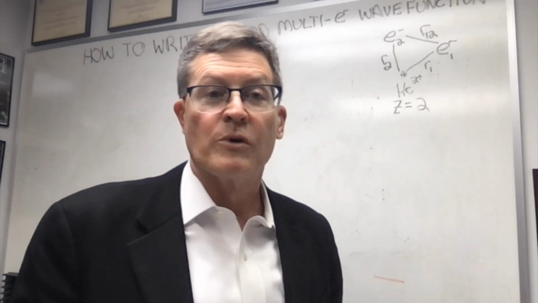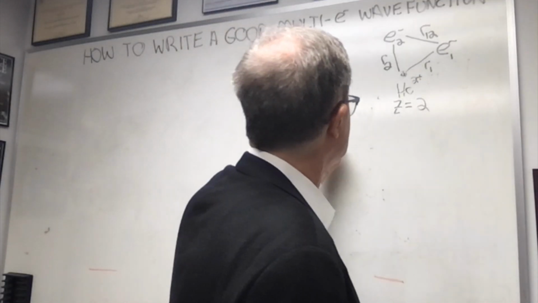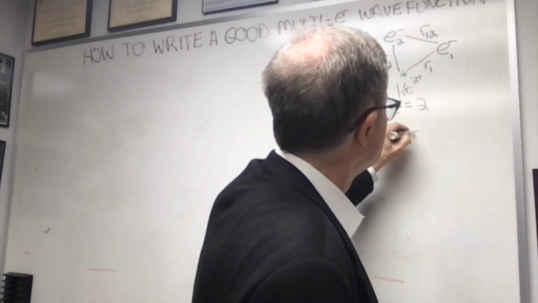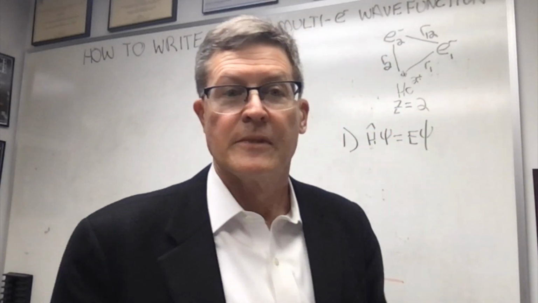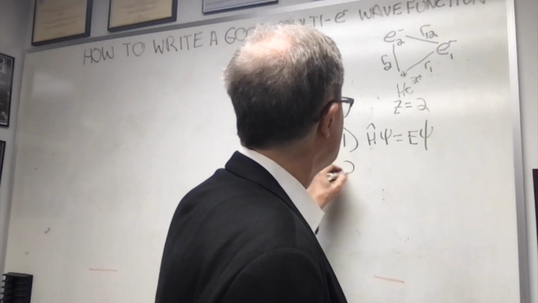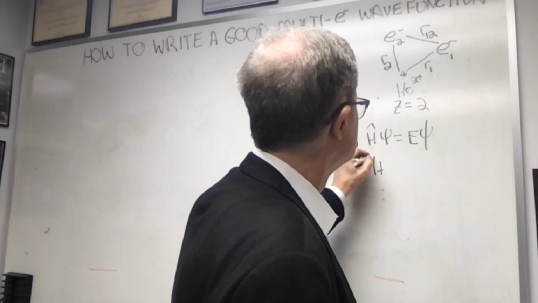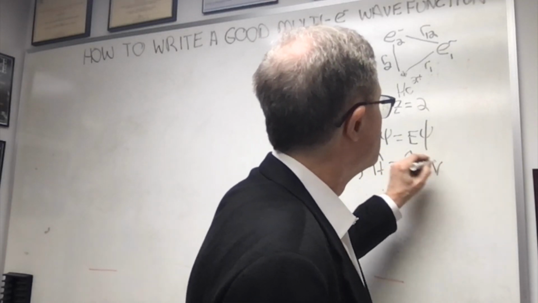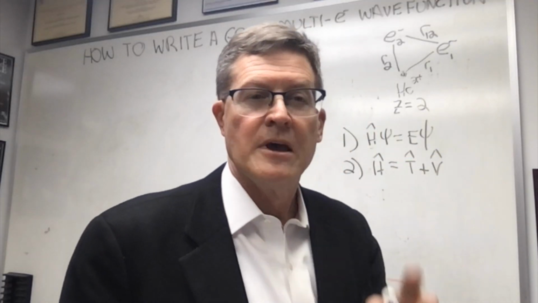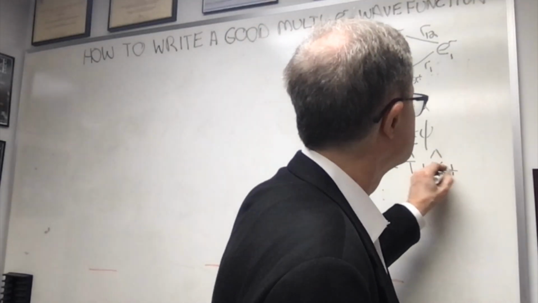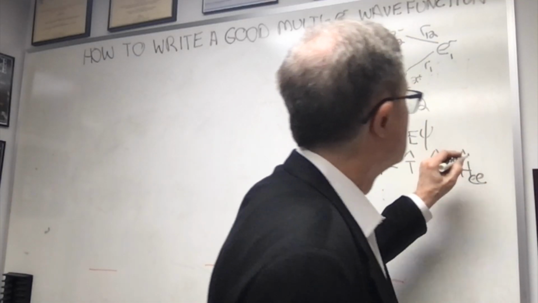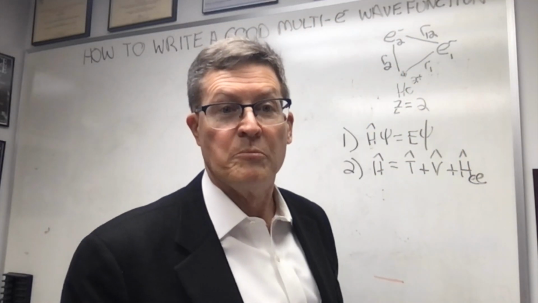Now, as always, we're going to solve this problem by writing down the Schrödinger equation. We need to define the Hamiltonian. There's going to be a kinetic energy term, a potential energy term, but then we're also going to have to worry about this electron-electron repulsion.